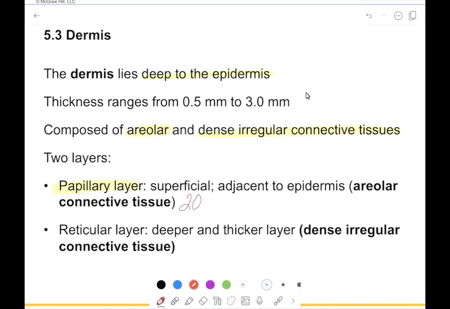It accounts for about 20% of the thickness of the dermis, and it also accounts for those dermal papillae, those ridges on the most superficial region of the dermis. It's adjacent to the epidermis, and it has areolar connective tissue. Deep to the papillary region would be the reticular layer, which is about 80% of the thickness, and it's tough because it has dense, irregular connective tissue.